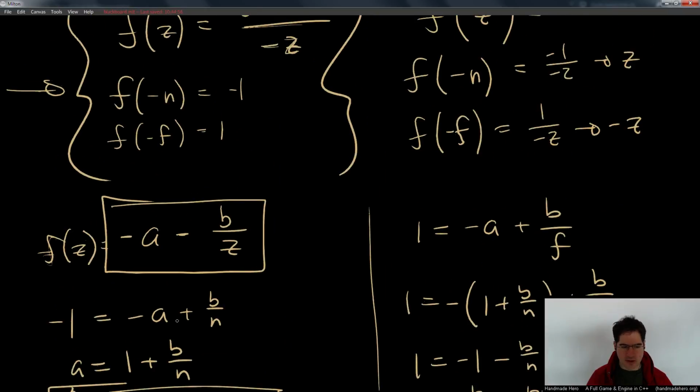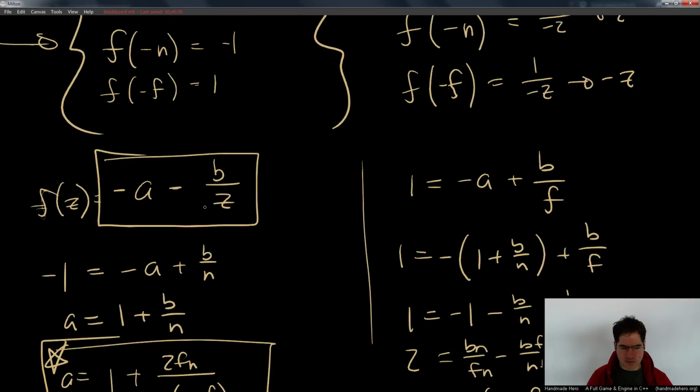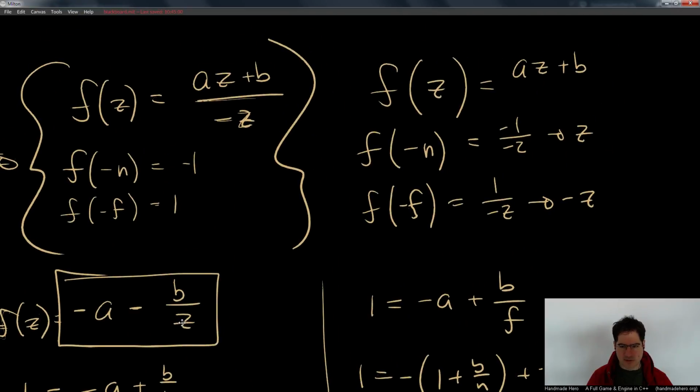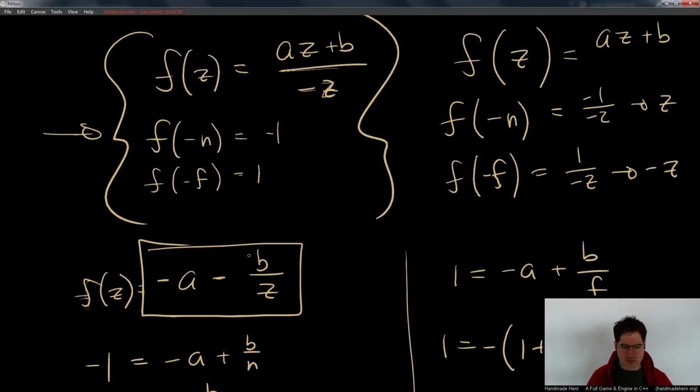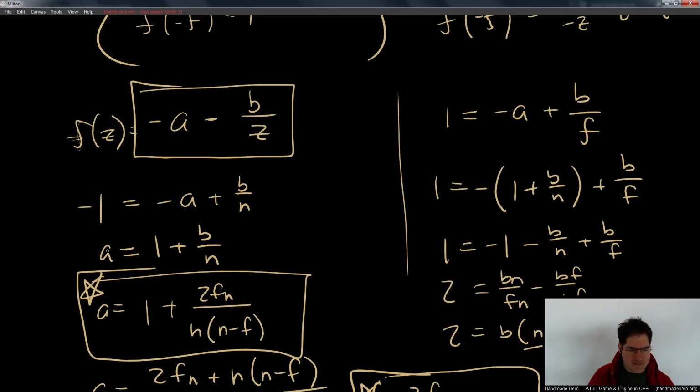Yeah, highly questionable. So let's take a look at what's going on there. I'm not sure exactly what's happening with that. So let's just take one more look real close. We've got the negative a negative b over z thing happening here. We solved for a, and again that looks pretty solid.